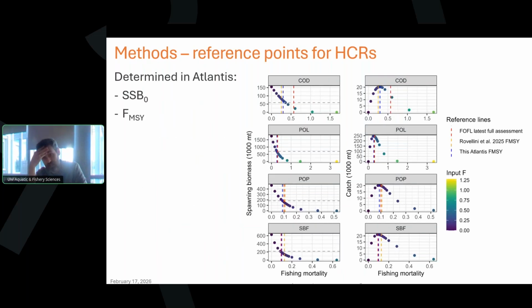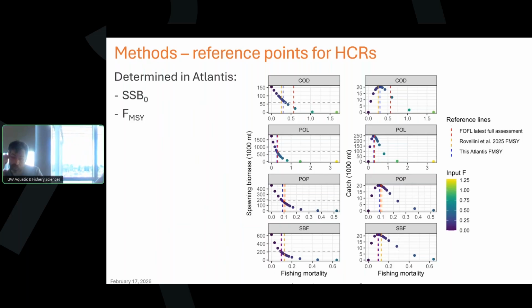Before I do that, obviously, if you use harvest control rules, you need reference points. You can't really use reference points such as B0 or B40 or target F from the single species assessments because this is a multi-species model.